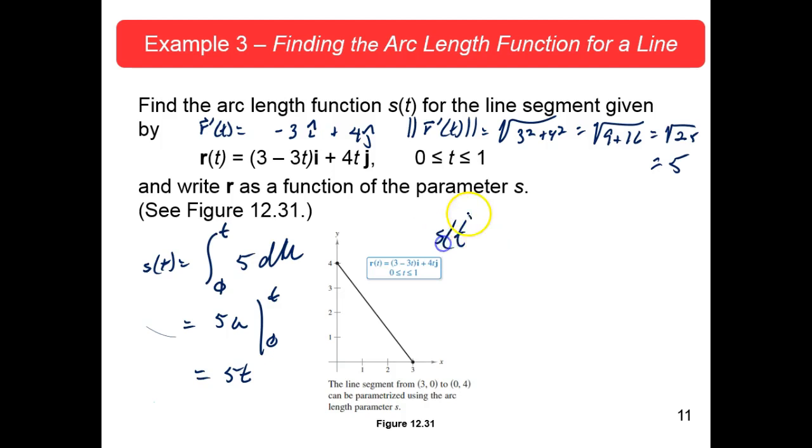So if s of t is equal to 5t, in other words s equals 5t, then t is equal to s over 5. Be careful with your letters there. So now we plug that in here. r of t is equal to 3 minus 3t i plus 4t j.